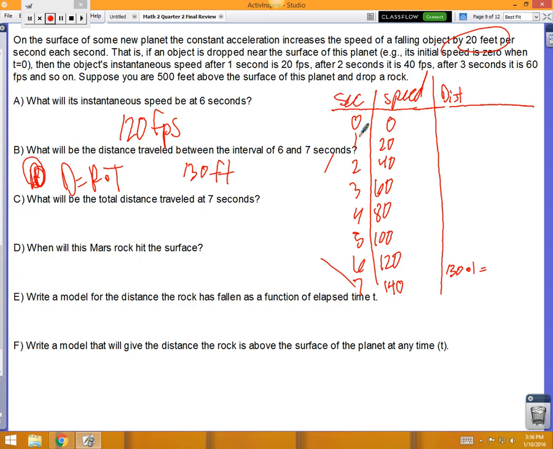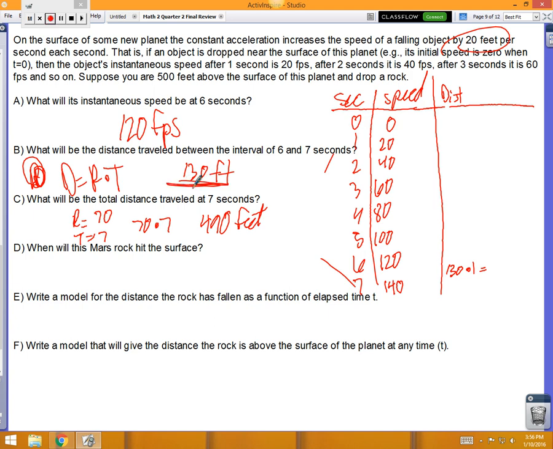Your average speed, halfway between nothing and 140, the rate is 70, and the time is 7 seconds. So 70 times 7 is 490. So the total distance is going to be 490 feet. Compared to just from the 6th to the 7th, that's only going to be 130.